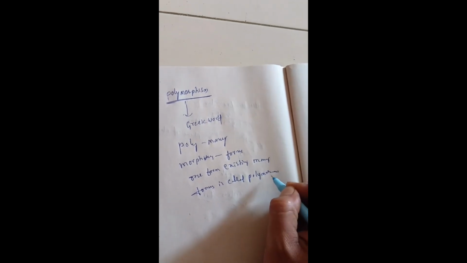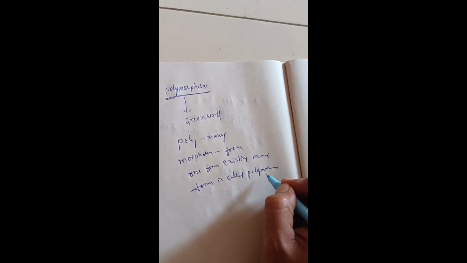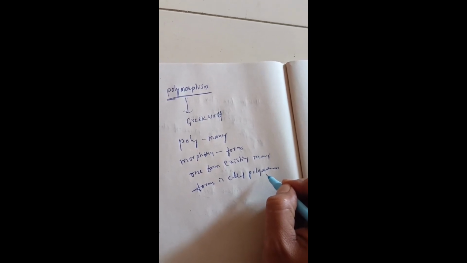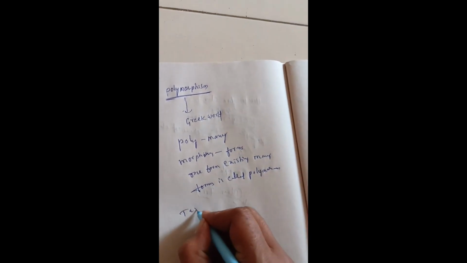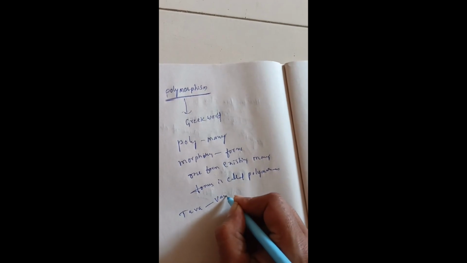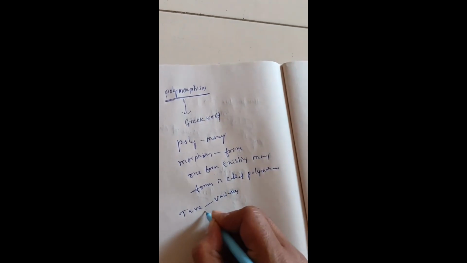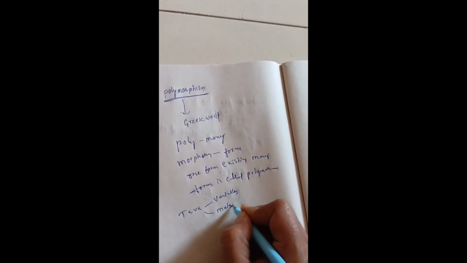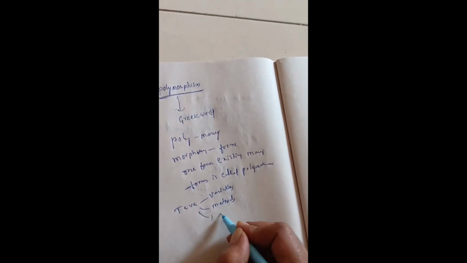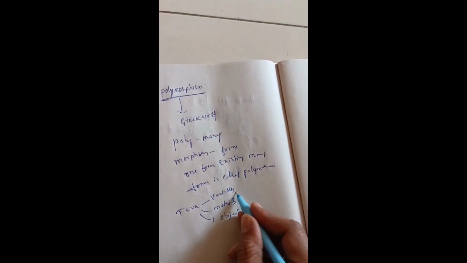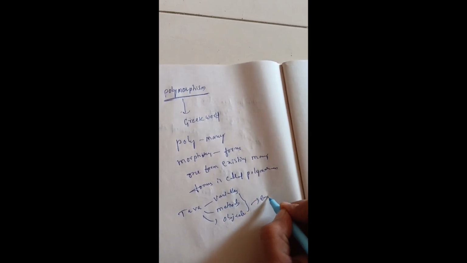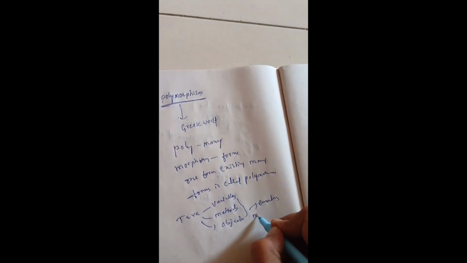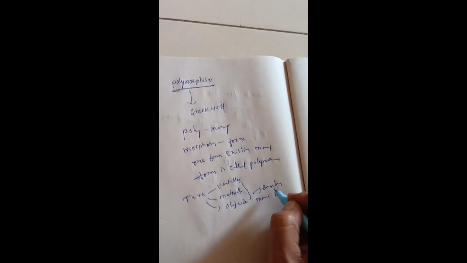For example, in Java, variables, methods, and objects exist in many forms. This is called polymorphism.